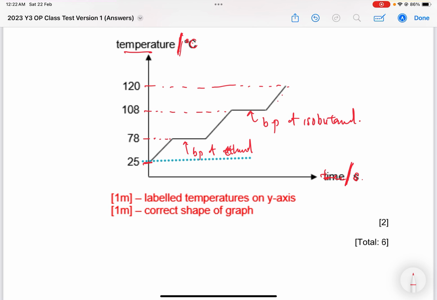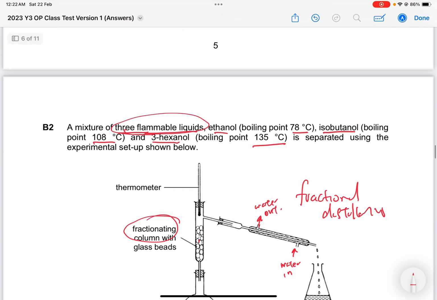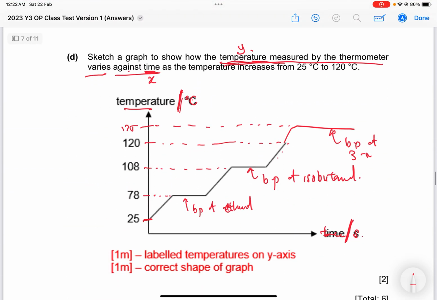If they ask you to extend some more, actually it will go up to 135. You will see it become another step because this is the boiling point of 3-hexanol. Okay, 3-hexanol is the name of another compound.